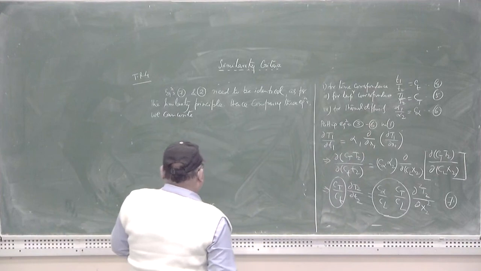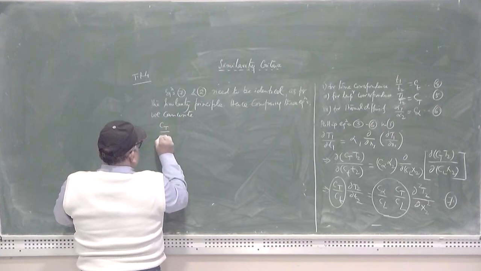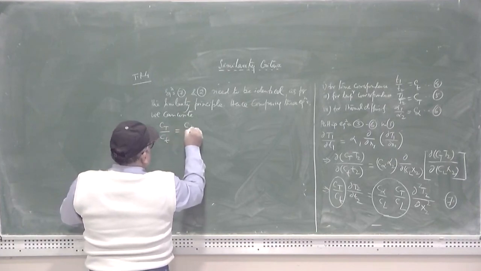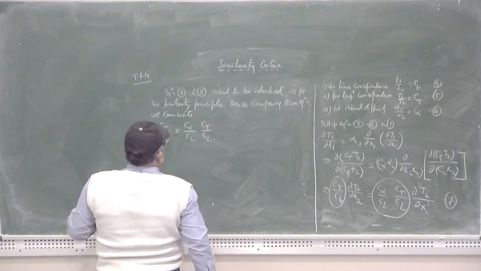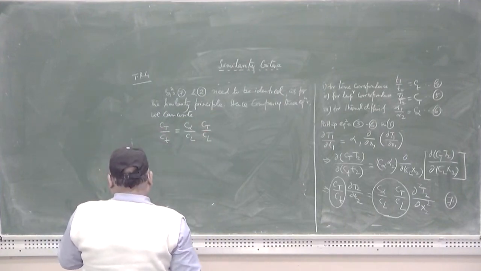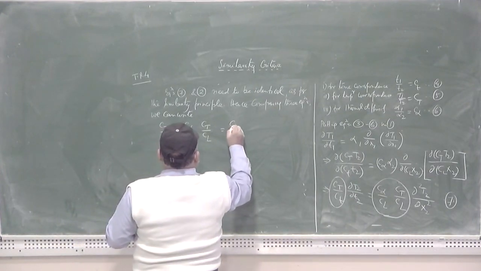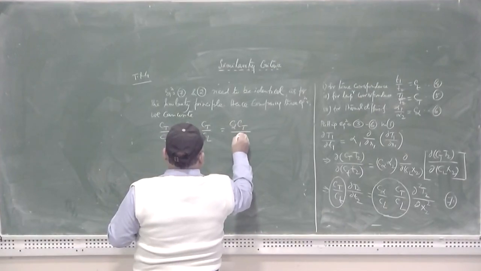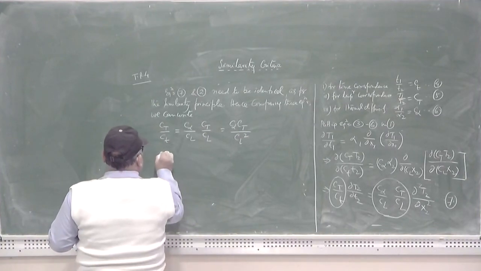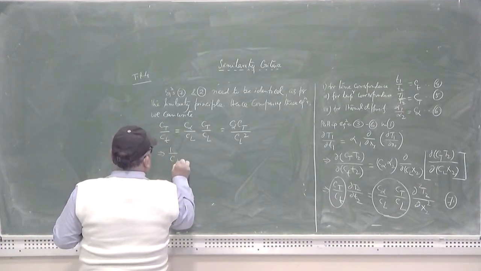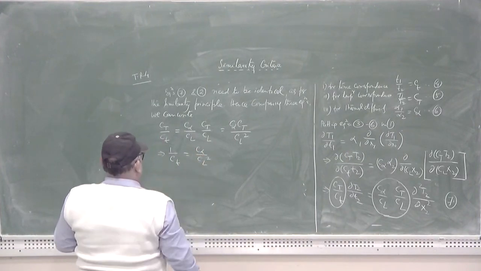That means C_T upon C_t should be equal to C alpha upon C_l into C_T upon C_l, that is C alpha C_T divided by C_l squared, or you can say 1 upon C_t should be equal to C alpha upon C_l squared.